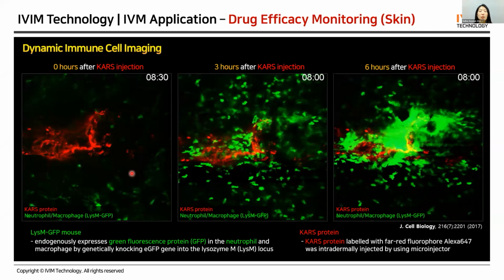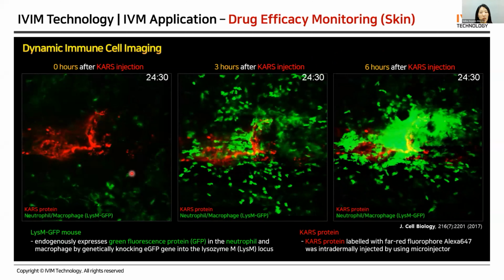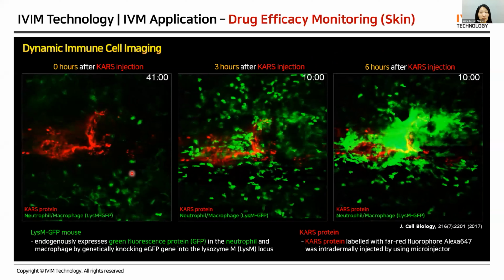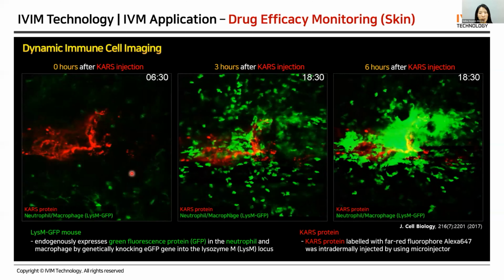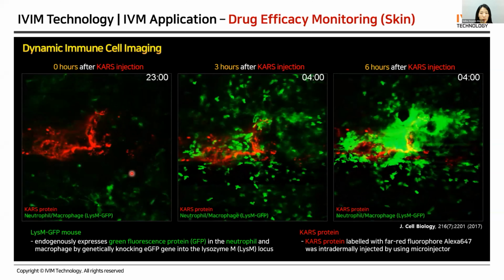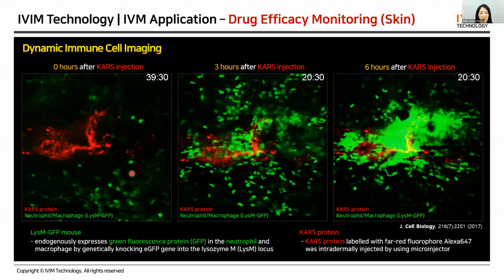This is another research example utilizing in vivo ear skin imaging technology. Here's the research example of drug efficacy validation in vivo. So we successfully validated the in vivo drug efficacy of the KRS protein, which is one of the secreted aminoacyl tRNA synthetases.